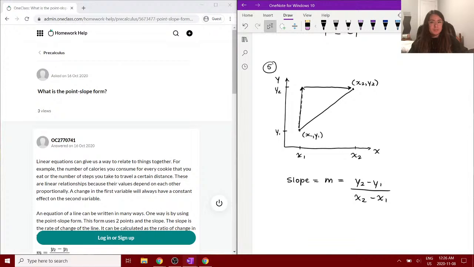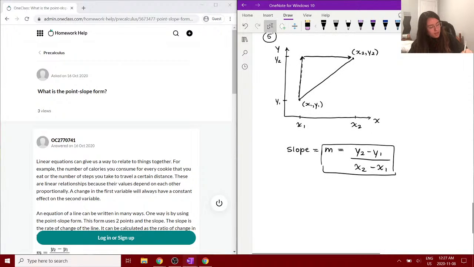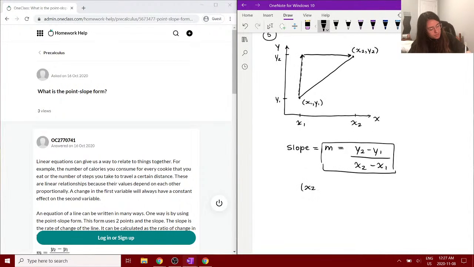If you've seen this before, it's probably already pretty obvious to you that this is what the point slope form looks like. You can also rearrange it, of course: m times x2 minus x1 is equal to y2 minus y1.